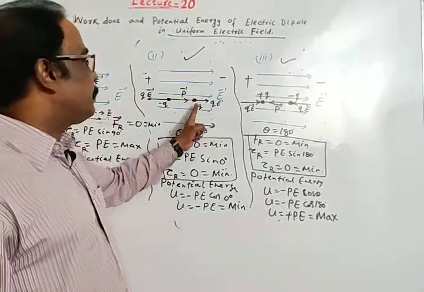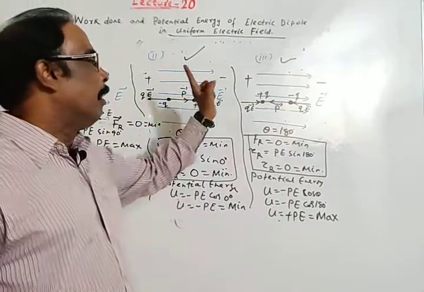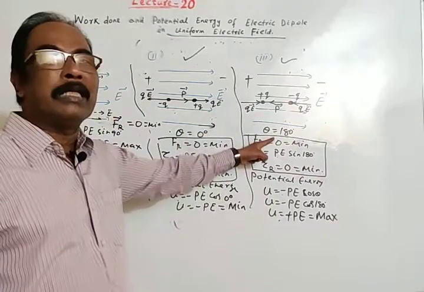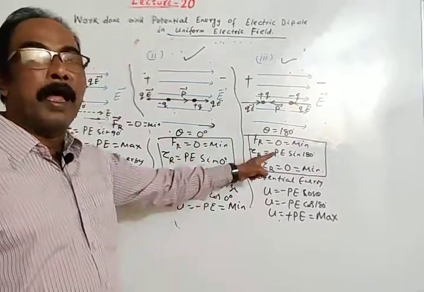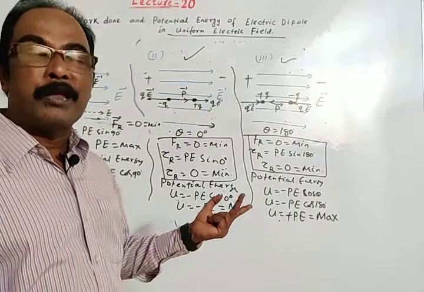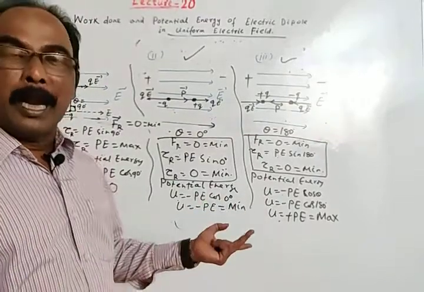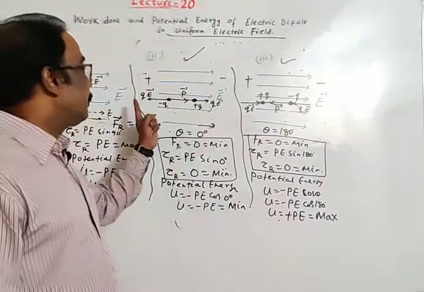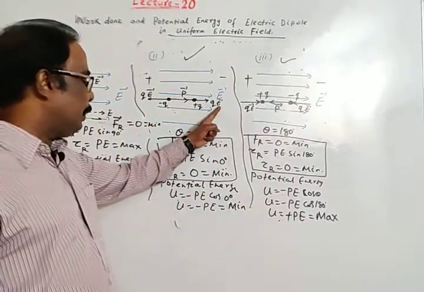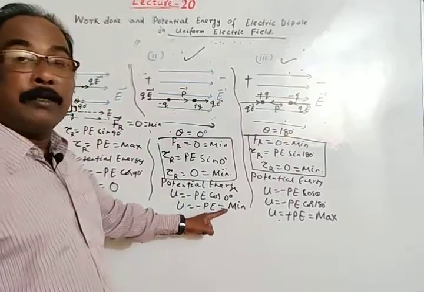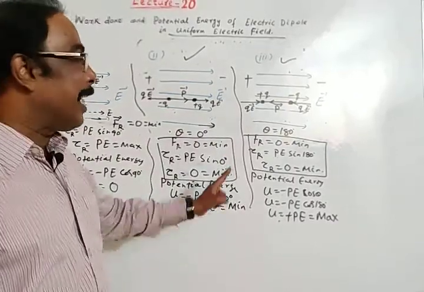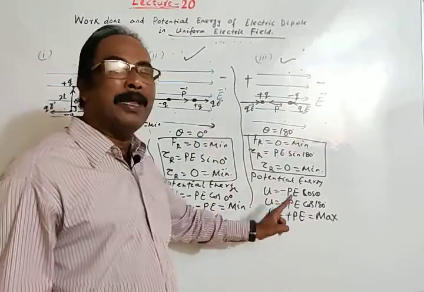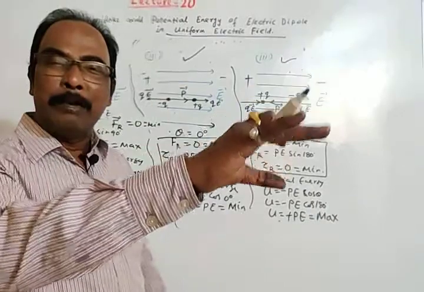So when the dipole is placed either parallel or anti-parallel to the direction of electric field, in both cases the conditions of translatory and rotational equilibrium are satisfied. But if we compare potential energy, if the dipole is placed parallel to the electric field, potential energy is minimum. If the dipole is placed anti-parallel to the electric field, potential energy is maximum.